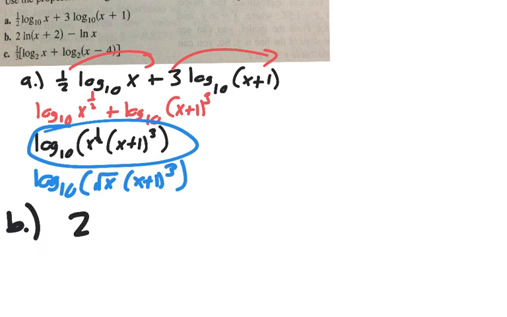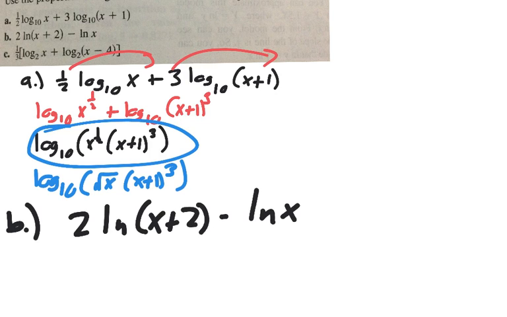B part. 2 times the natural log of x plus 2 minus the natural log of x. So I need to get rid of that 2 in front of the first natural log. So that becomes the natural log of x plus 2 squared minus the natural log of x.